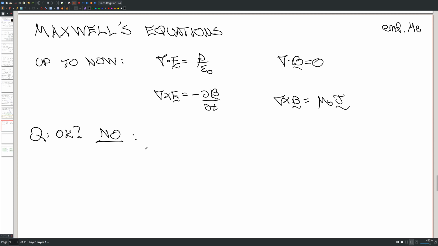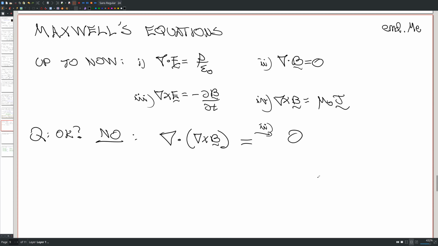Why? Well, let's try to take the divergence of the curl of B. If I number them, let's say that this is 1, 2, and then 3 and 4. If I do this from 2, then this gives me 0.